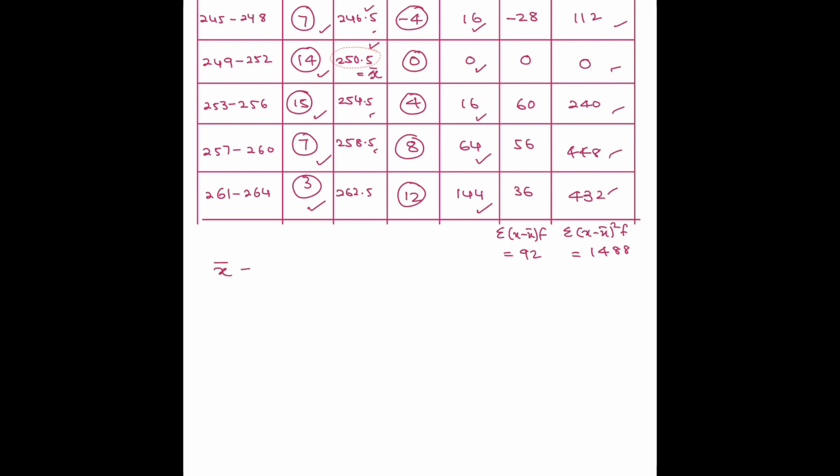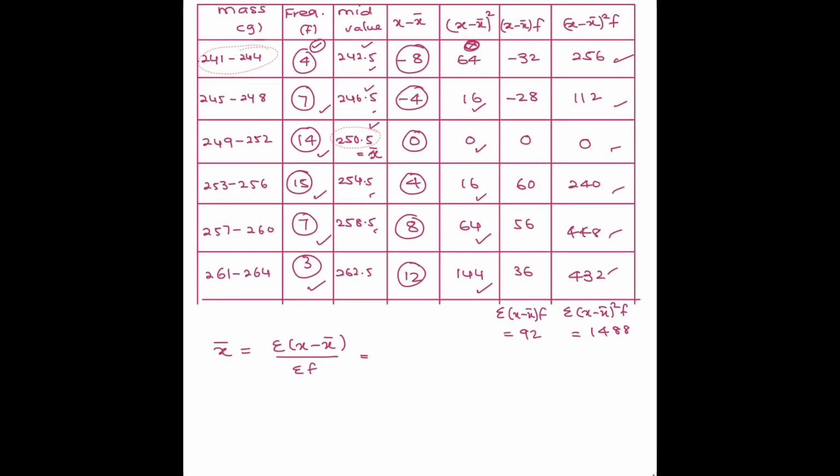So I write x bar equals sigma x minus x bar times f over sigma f. So I need x minus x bar, and then I find the total of these, sigma x minus x bar times f, because we have frequency. This is the table I'm looking for, and the sum of it is 92.